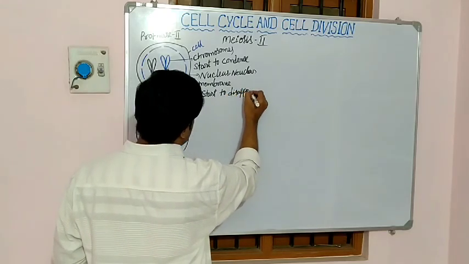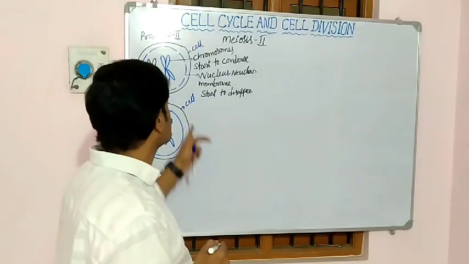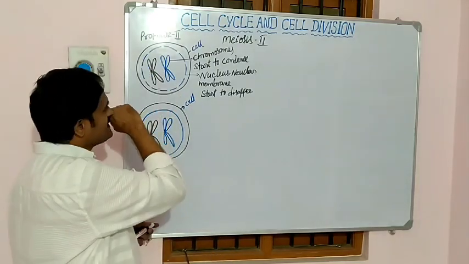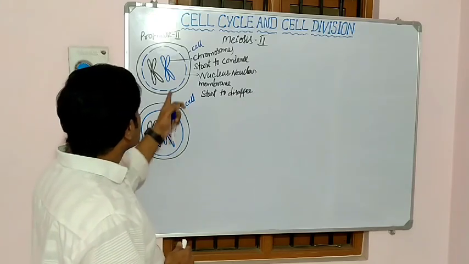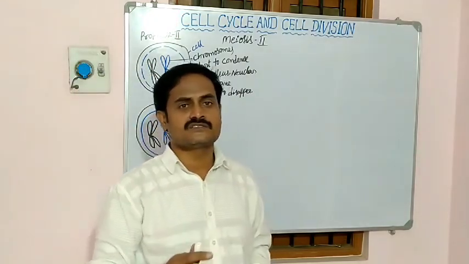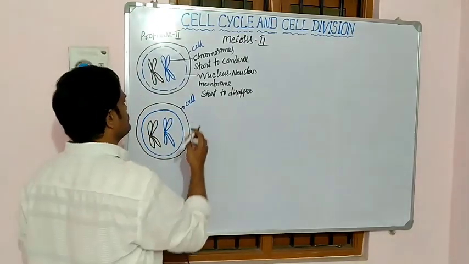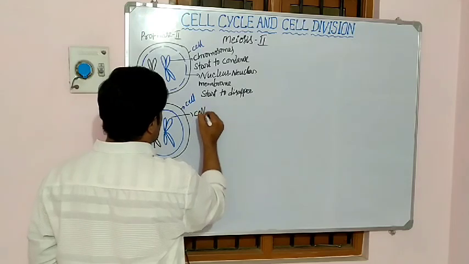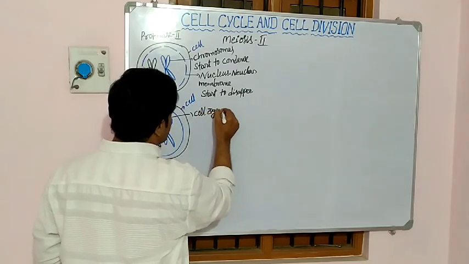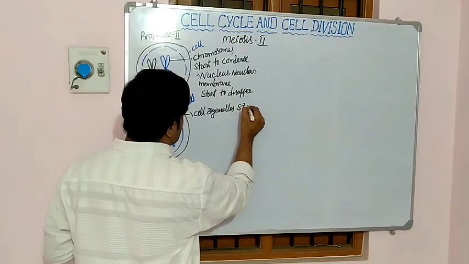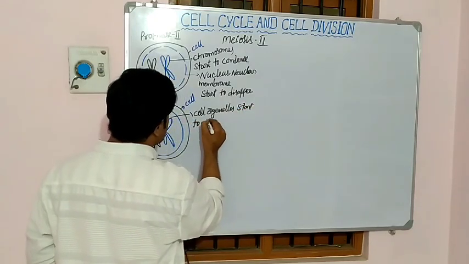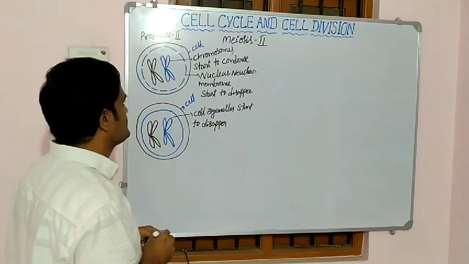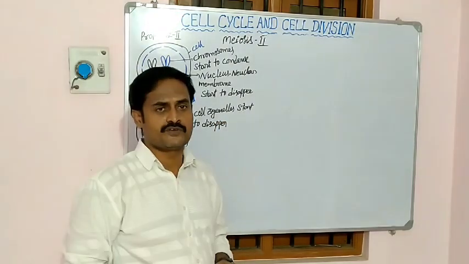This is one more change we noticed in prophase 2. Then what is another change? Here the cell organelles also start to disappear. What are the cell organelles present in the cell? Those also start to disappear. See, these are the changes we noticed in prophase 2.